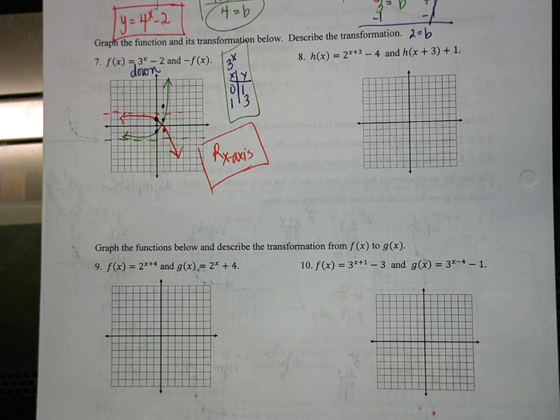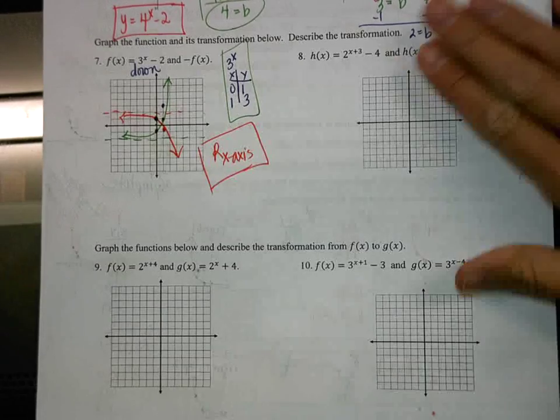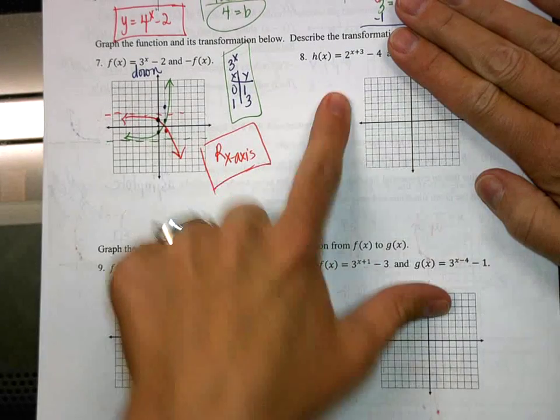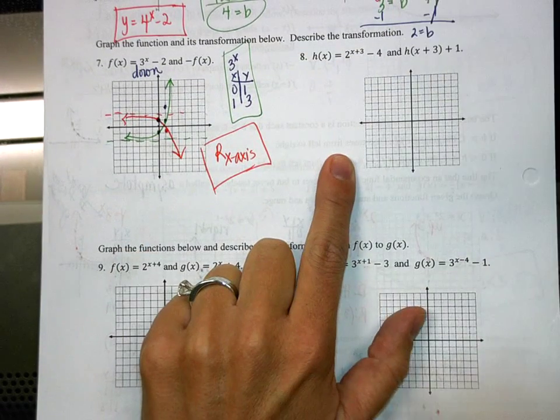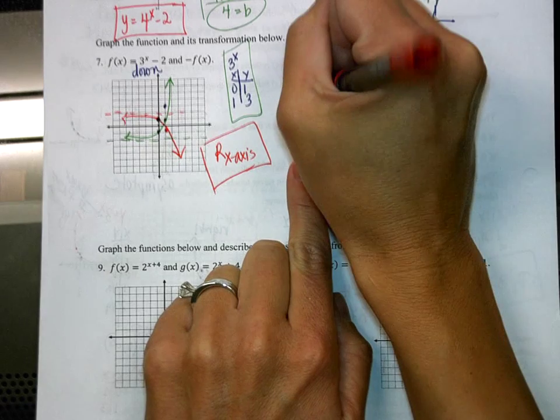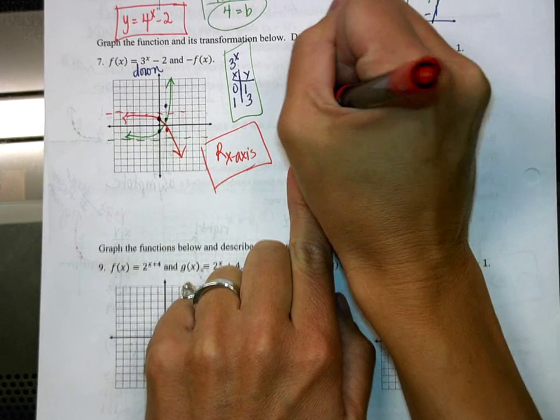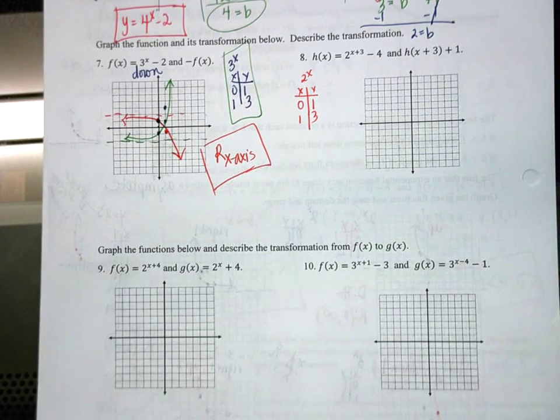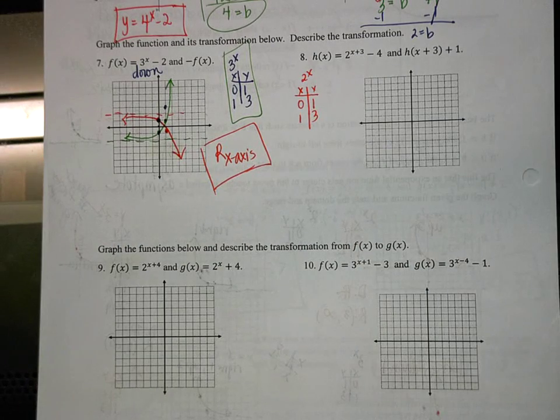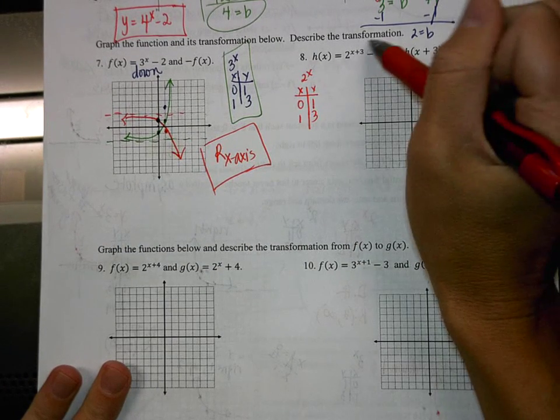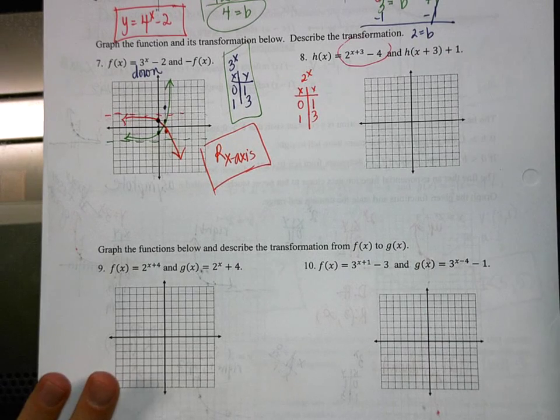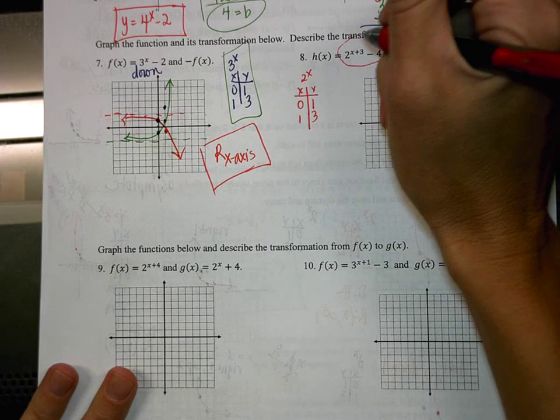So without doing any shifts on my original h of x, that would be 2 to the x, correct? And 2 to the x has the points 0, 1, and 1, 2. Yes? Okay. Now, how is this going to end up shifting? That one right there. Down 4. Okay. Down 4.